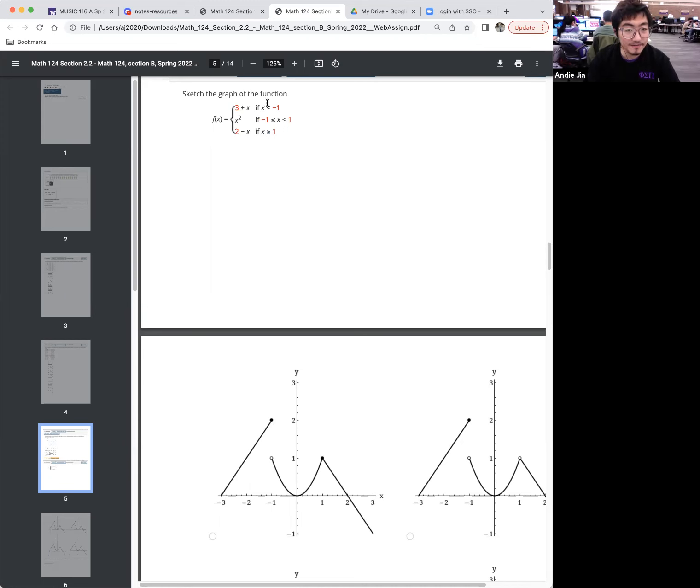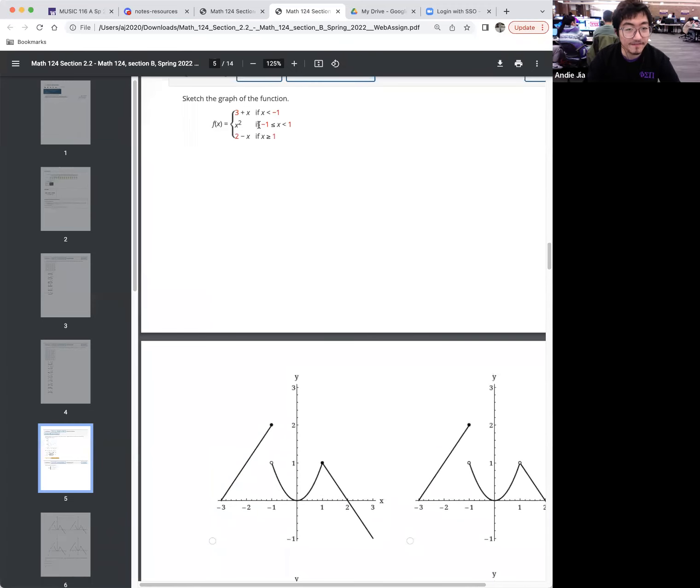So the rule of thumb for matching a piecewise function is an empty dot for signs with no equal sign, only smaller or larger than, and a solid dot for smaller than or equal to or larger than or equal to.